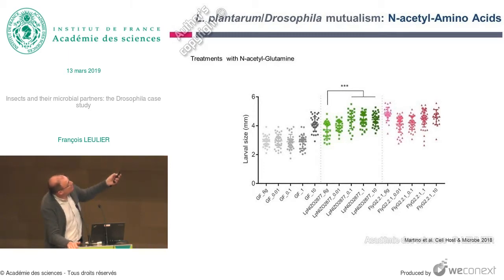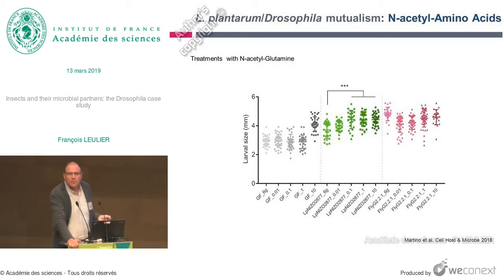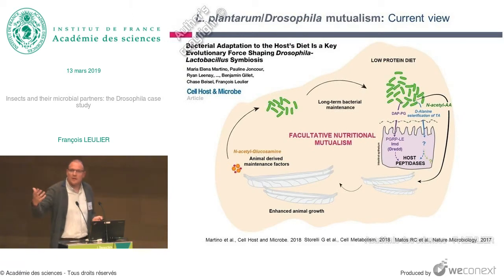N-acetyl-glutamine could only promote growth in germ-free animals when provided at very high concentration. But at lower concentration, it was sufficient to rescue the evolved phenotype as compared to the ancestral phenotype. So we could mimic the evolution, the evolved phenotype, by just providing the N-acetyl-glutamine to the ancestral strain.